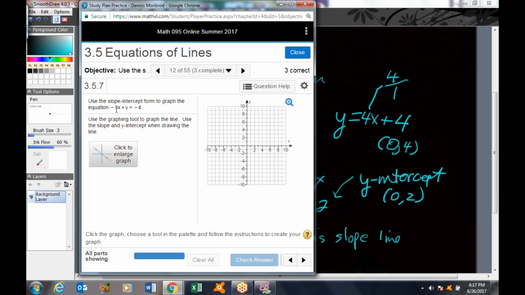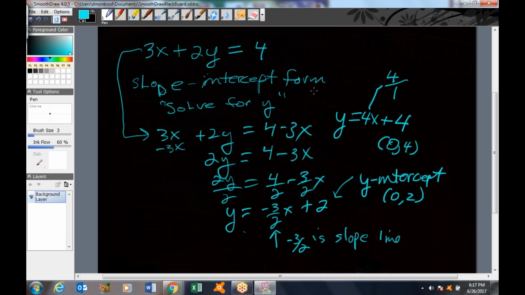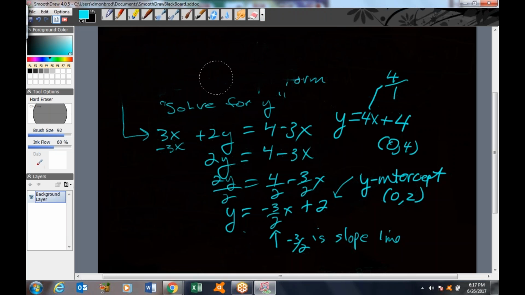Now this one we'd have to work on. We have to solve this for y first before we start. So let's do that quickly over here. Negative 5x plus y equals negative 4. So let's try that in here.